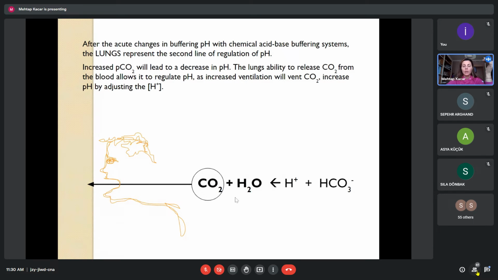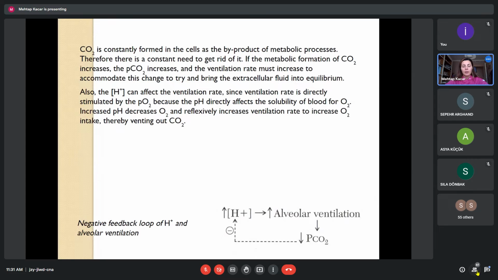And you can see here the bicarbonate buffer system in lungs. Hydrogen ion and bicarbonate ion enter reactions and give carbonic acid. Later, carbonic acid dissociates into carbon dioxide and water.